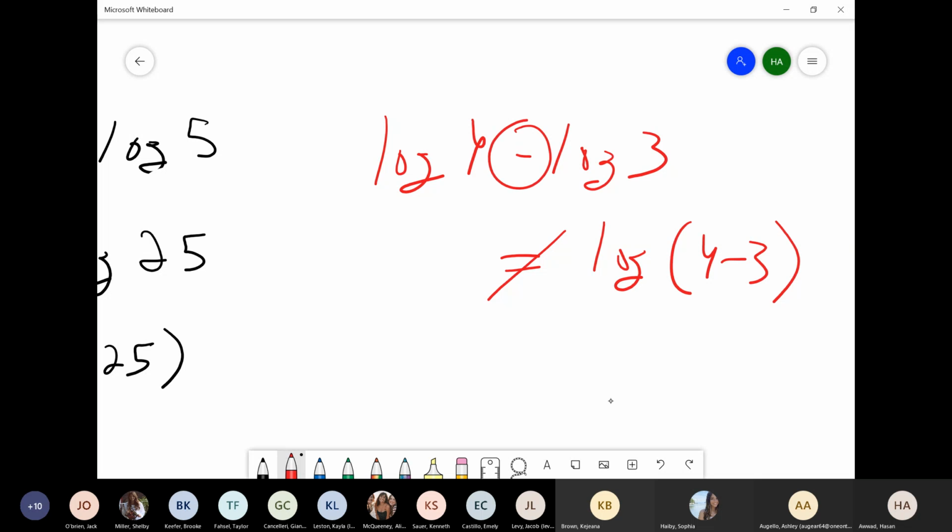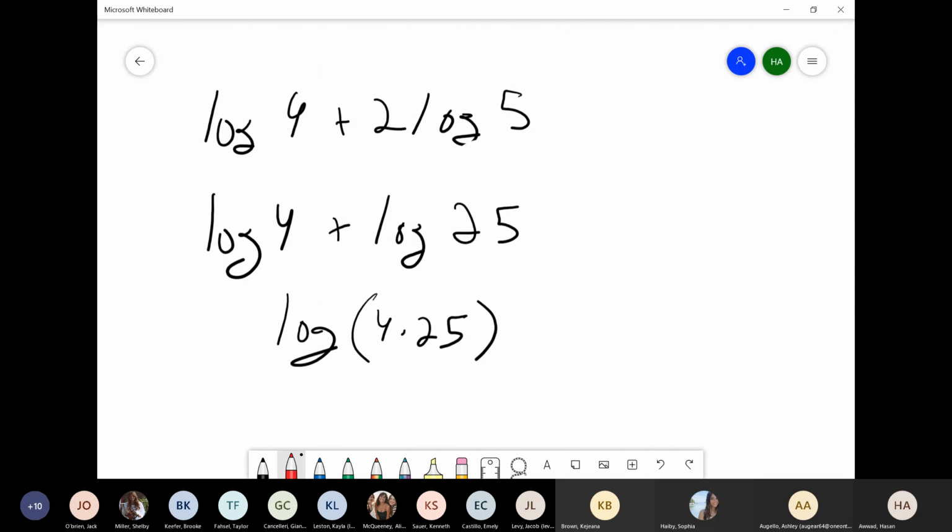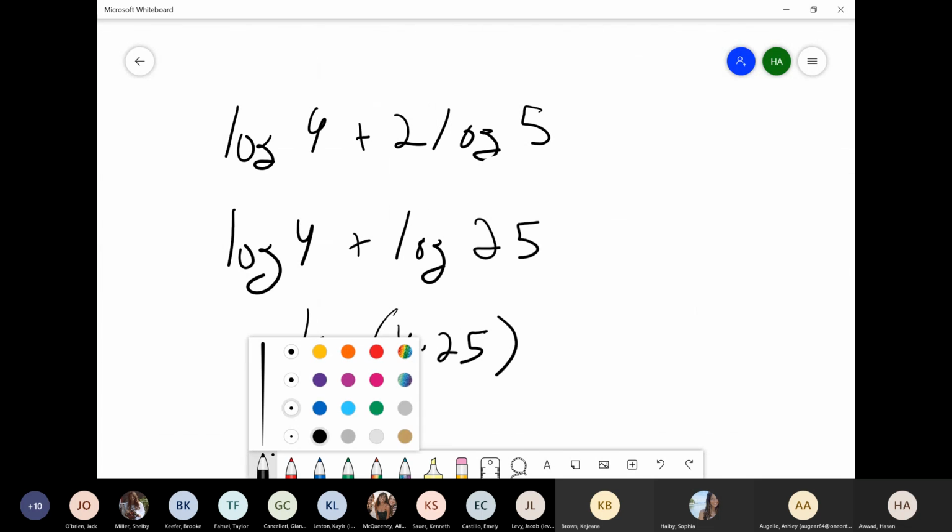Remember that the subtraction of two logs is where you use the quotient rule, right? That's indicative of your values being divided. So you could do this. These are equal, but you can't subtract the values. Okay? So hopefully that answered your question. And the same is true for addition. Again, notice here that we have addition of two logarithms.